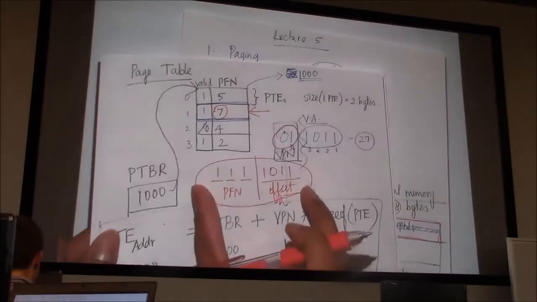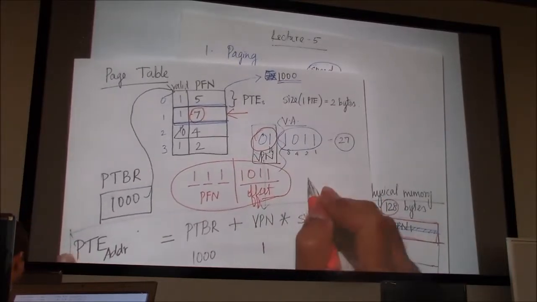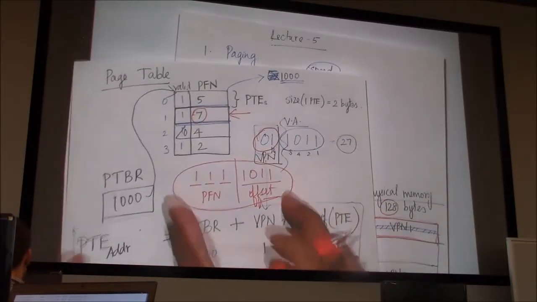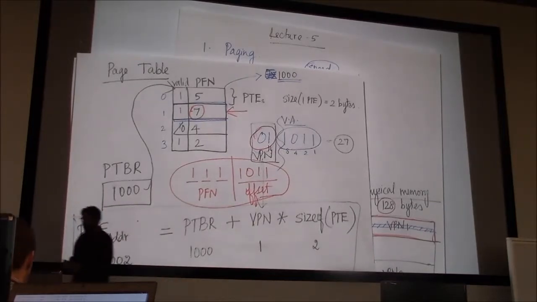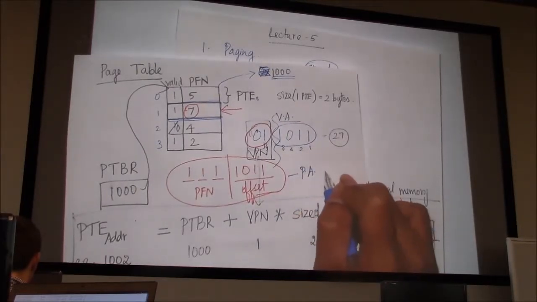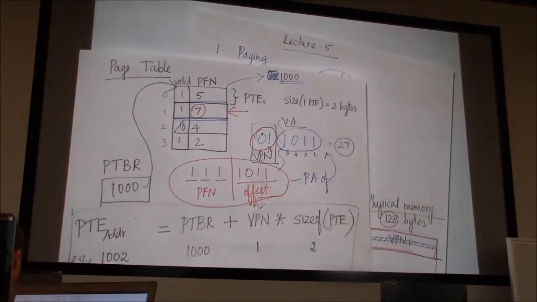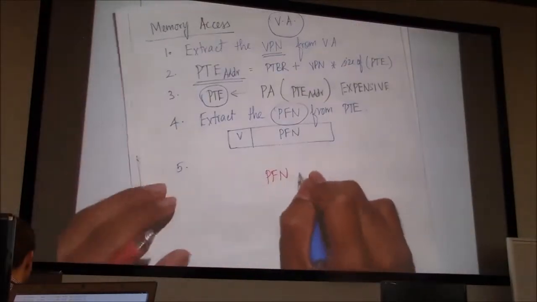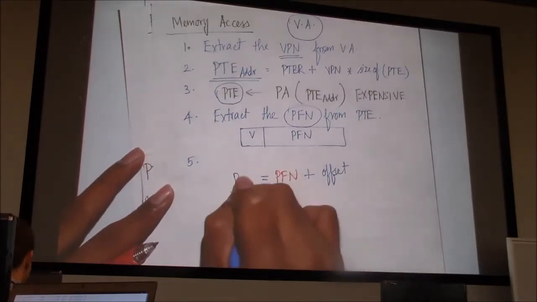Whether you convert it to decimal or hexadecimal, or leave it in binary, this address just represents the physical address of this virtual address that we had here. That's all we have here. So in this summary that we are writing, after getting the PFN, you just append the offset, and this will give you the actual physical address.